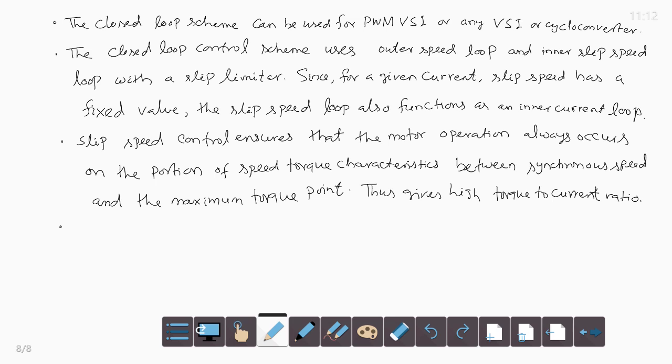So, slip speed control ensures that motor operation always occurs in the portion of the speed torque characteristics between the synchronous speed and the maximum torque point, thus giving a high torque to current ratio.